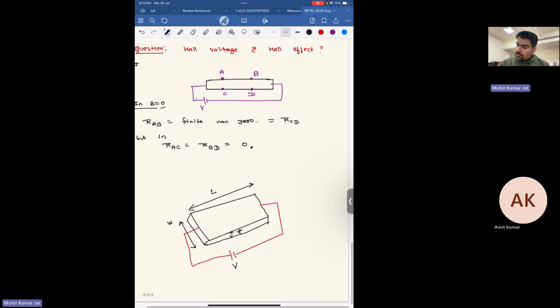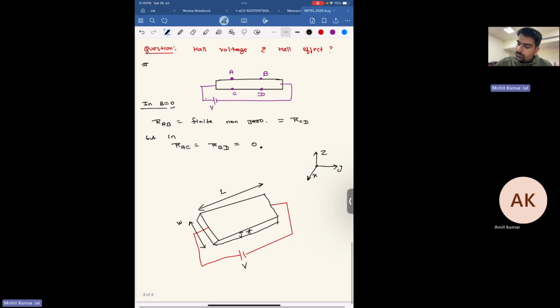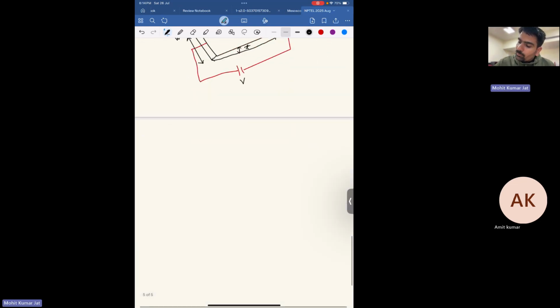Let me call this one X, this one Y, and this is the Z direction.